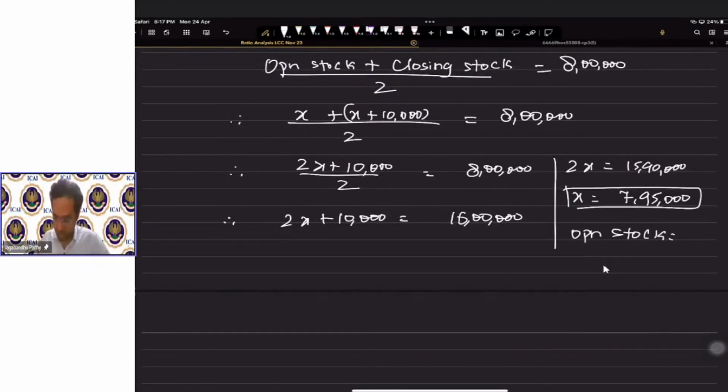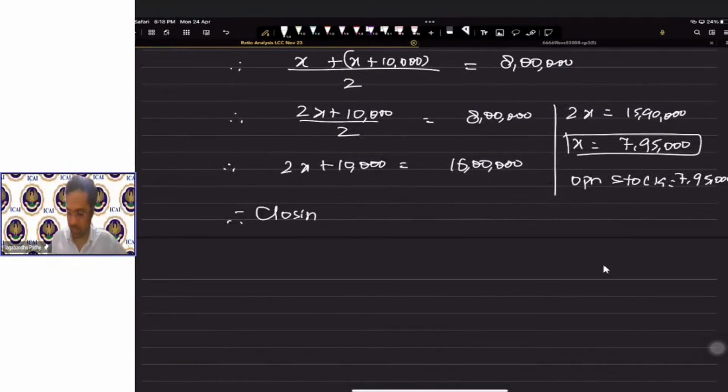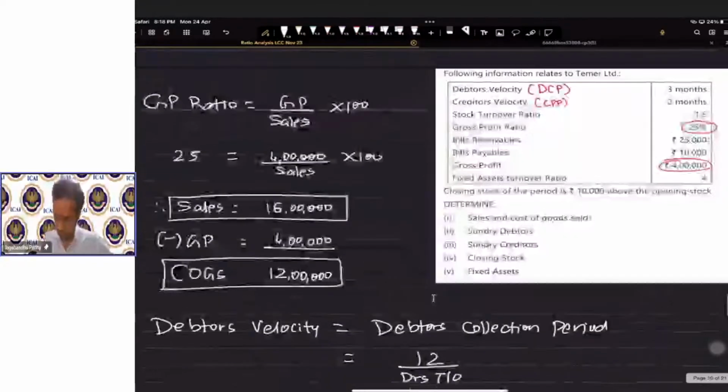So essentially closing stock is 10,000 above this. So your closing stock is 7 lakh 95,000 plus 10,000, which is 8 lakh 5,000. Essentially 8 lakh 5,000 is the amount of closing stock, right? So I think the fourth part, closing stock, is also done.